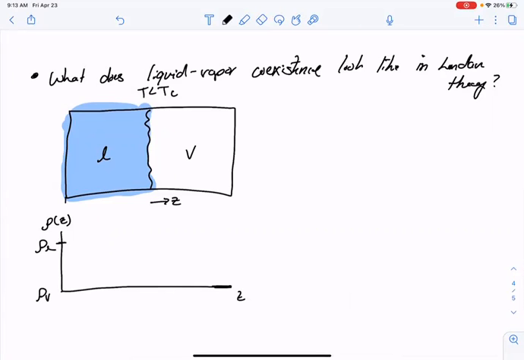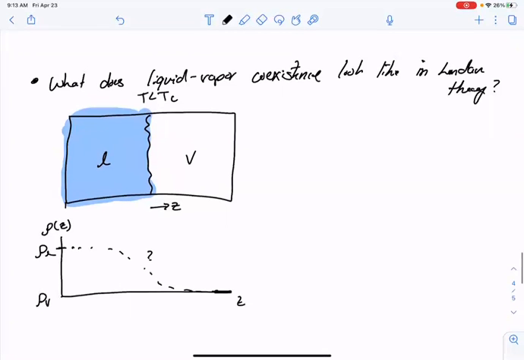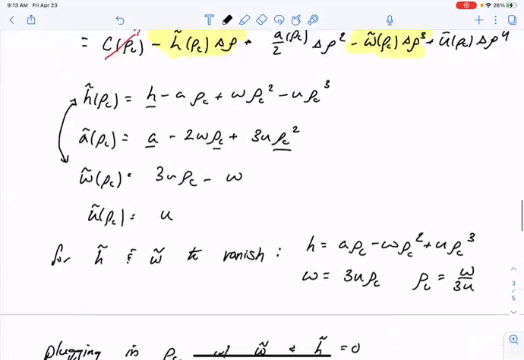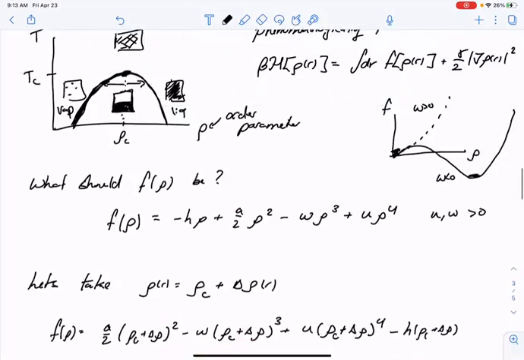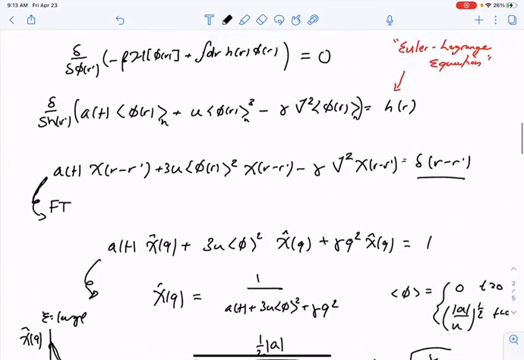Is it linearly varying? Is it oscillatory? What does it look like? So we can answer this question in Landau theory by actually dealing with our Euler-Lagrange equations and imposing those boundary conditions.